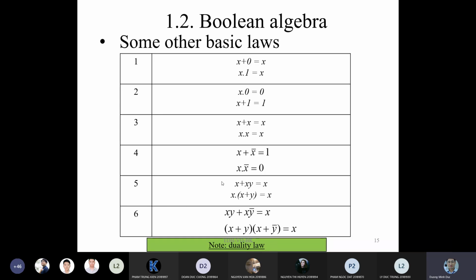And the fifth law is x plus xy equals x, and x multiply (x plus y) also equals x. Okay, this law also looks a little bit stranger in comparison with normal algebra, right?